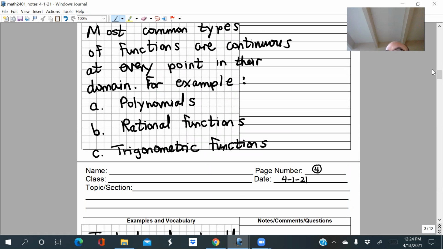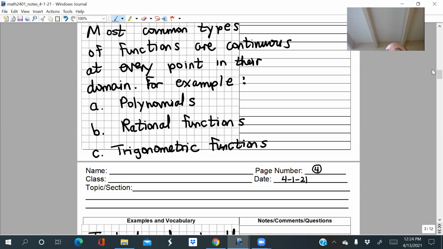So polynomials are continuous functions. Rational functions, that's quotients of polynomials, are going to be continuous functions, at least where they're defined. Trig functions are continuous functions, at least for the values that are in their domain.